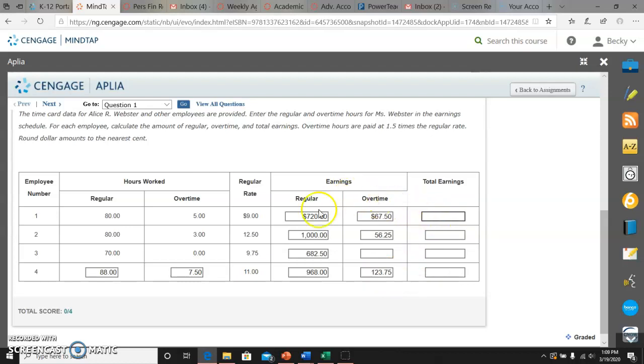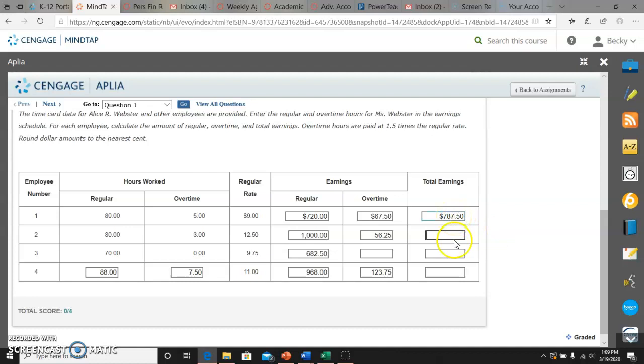And then all I'm going to do is take regular plus overtime equals total earnings. And again, that number is going to be quite crucial when we get to the next sections on taxes and other withholdings and deductions.